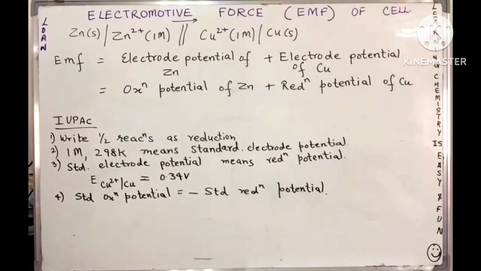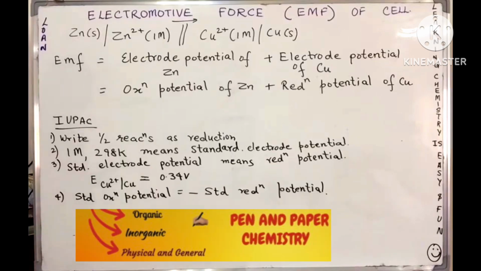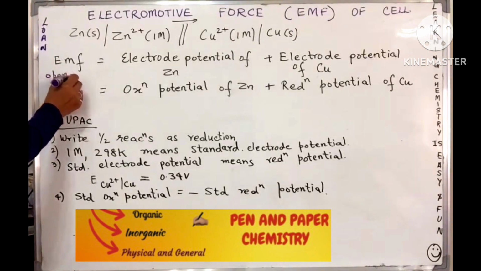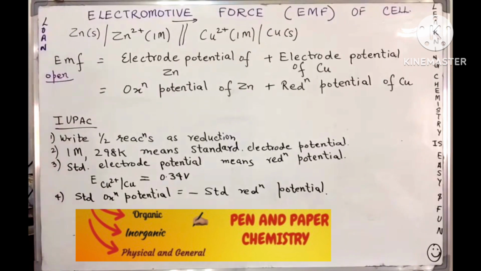EMF, you can say, is the theoretical value, is the theoretical force which will come into play when the 2 electrodes are connected with each other, and so the potential difference which is generated between the 2 half cells when the cell is in open circuit. That means there is no current flowing through it, is known as EMF.